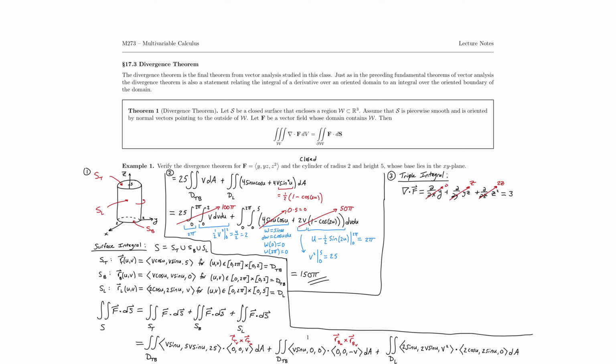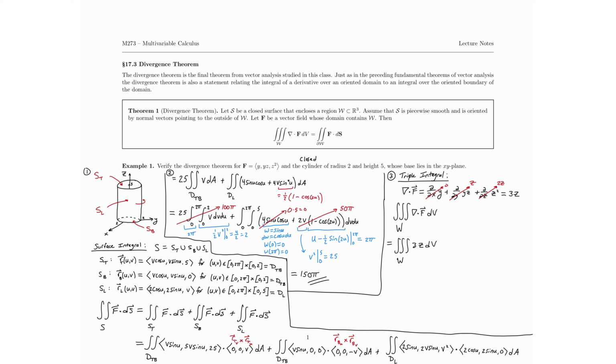So this is 3z. So the triple integral over W of the divergence of F dV is equal to the triple integral over W of 3z dV.